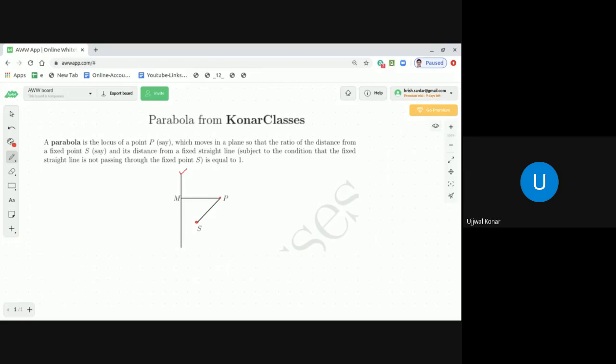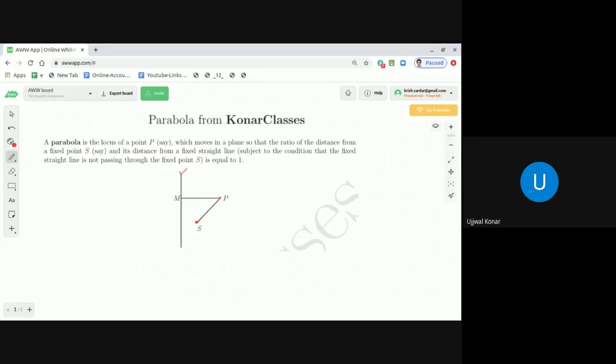That means the distance between the point P and the fixed point is PS. And the distance from the point P to the fixed straight line is actually the perpendicular, that is PM.